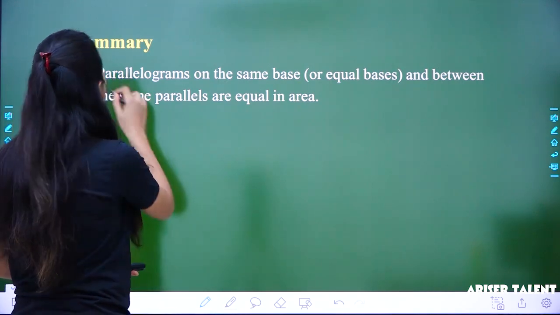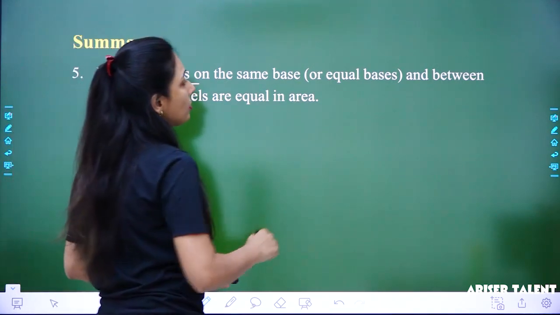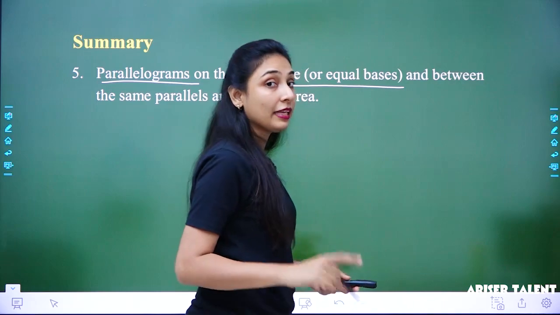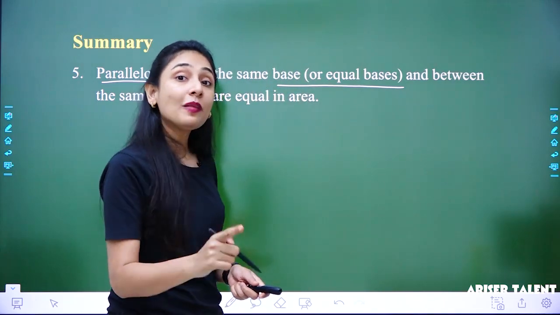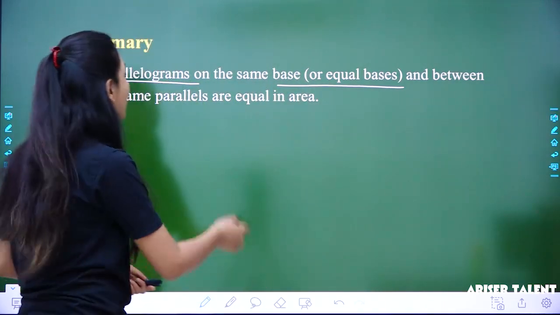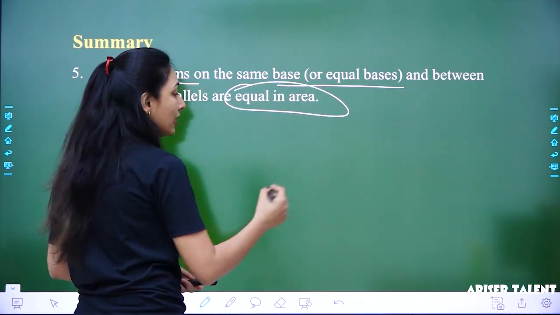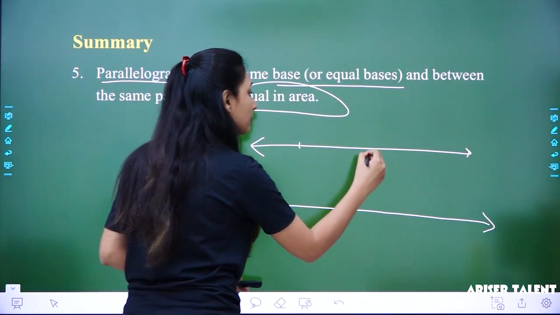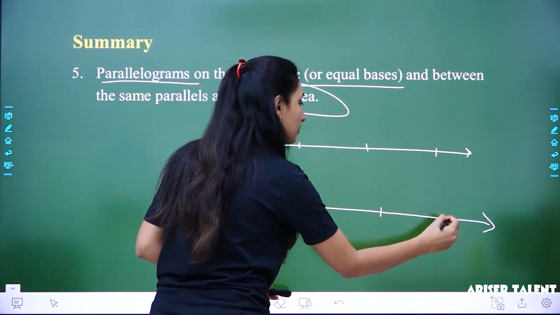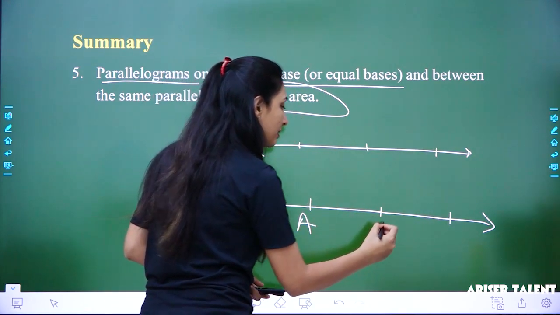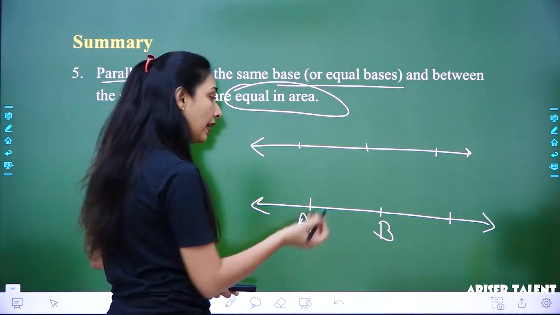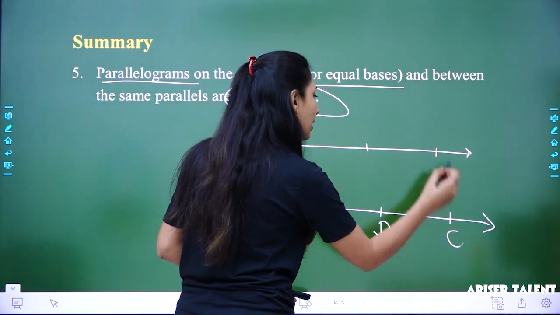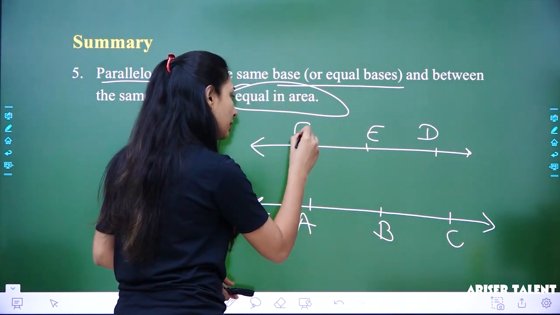Now parallelograms on the same base or equal bases and between the same parallels will have the same area. That means they will be equal in area. If we have these two parallelograms here, let's suppose we have this base AB, and I have a parallelogram.